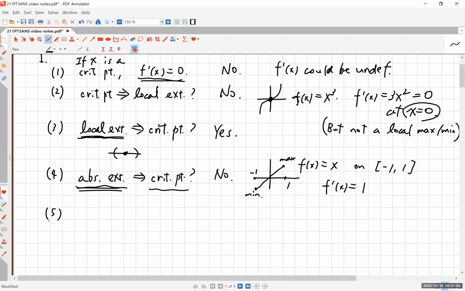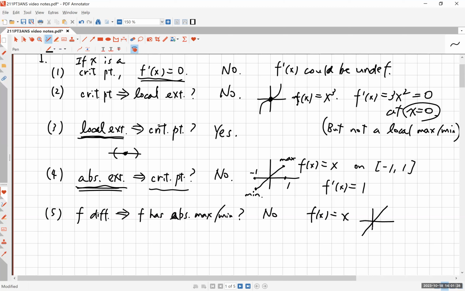Okay, number 5, every differentiable function has an absolute maximum and an absolute minimum. So if f is differentiable, does it mean f has an absolute max and min? And the answer is no. Again, this is a great example, okay?